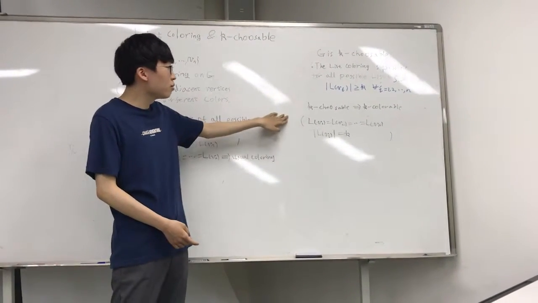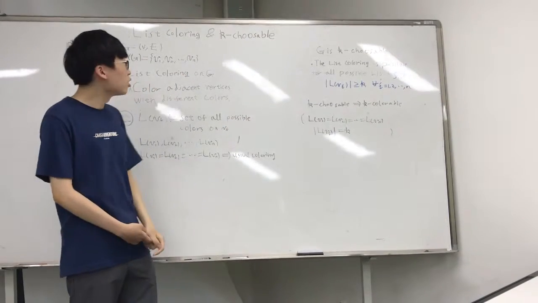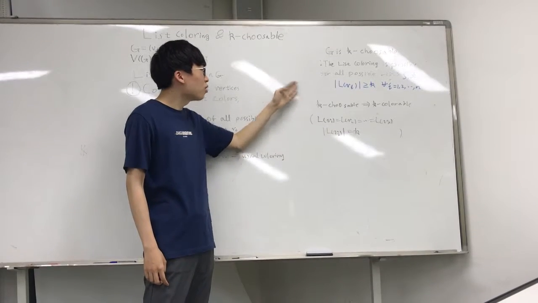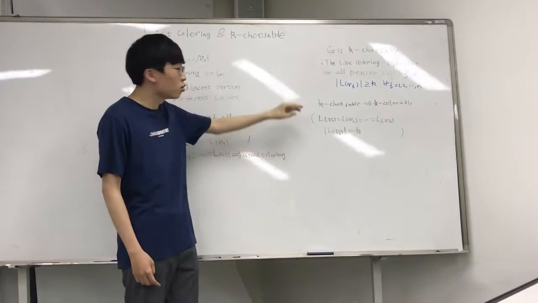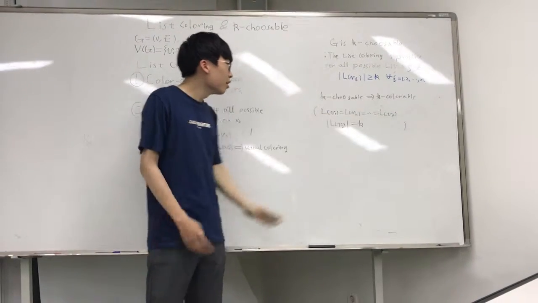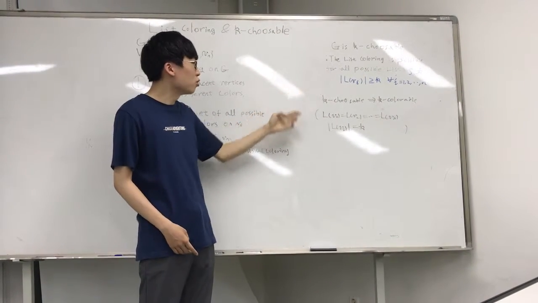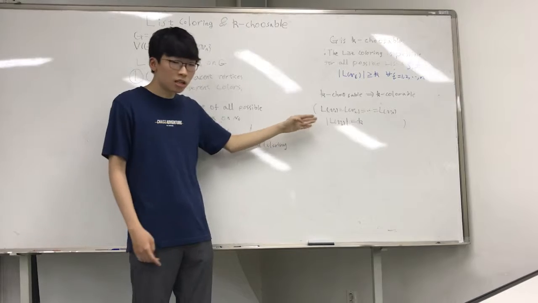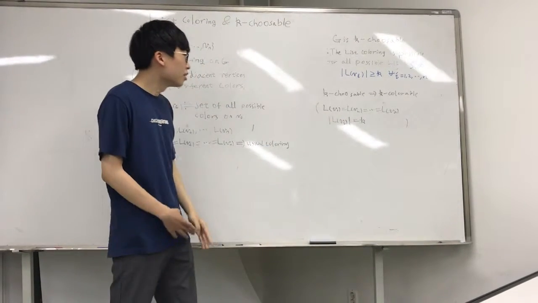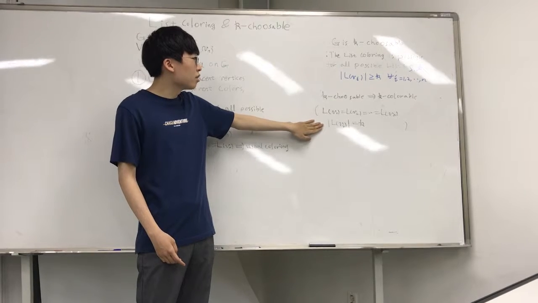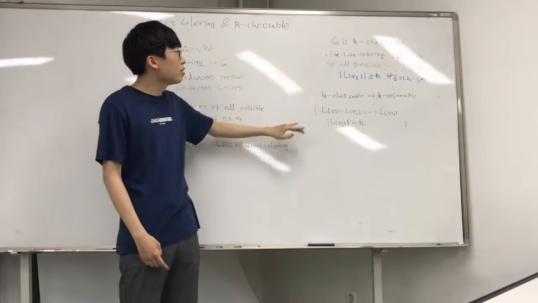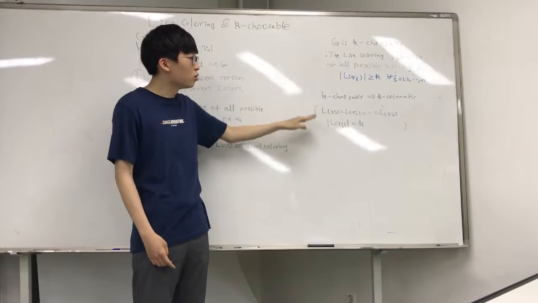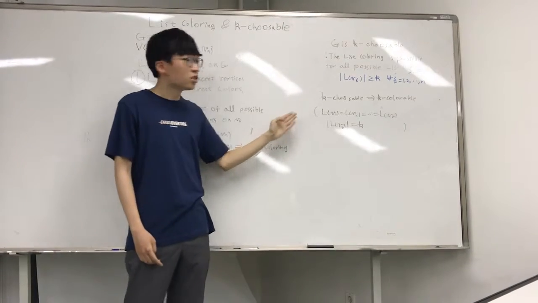Obviously, k-choosable implies k-colorable, since if the graph G is k-choosable, then for all lists such that the cardinality of L(vi) is at least k, the list coloring is possible. So we can set the L(vi) all the same with cardinality equal to k. Then this is k-coloring, and this is possible by k-choosability of G. So G is k-colorable. So k-choosable is a stronger condition than k-colorable.